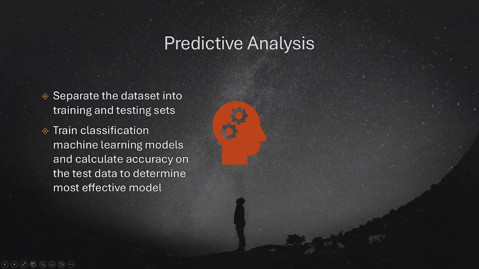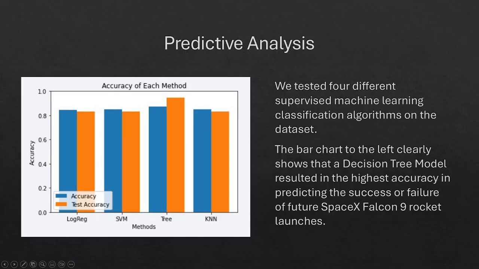At this point, I want to do some predictive analysis, and I want to use a supervised machine learning model, a classification model in particular, to determine how I can most accurately predict whether these future launches will land successfully or result in failure. So after I separated the data sets into a training and a test set, I tested a few different models here.